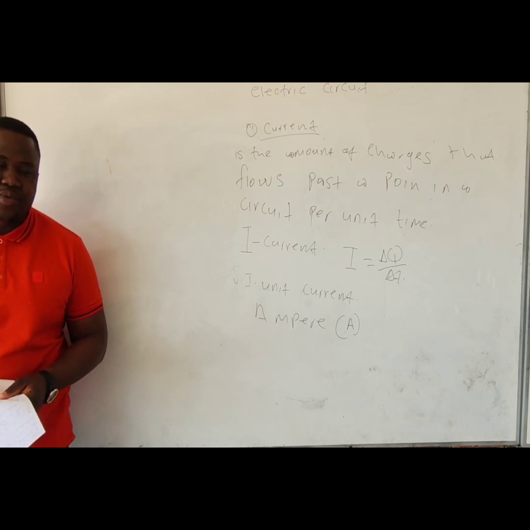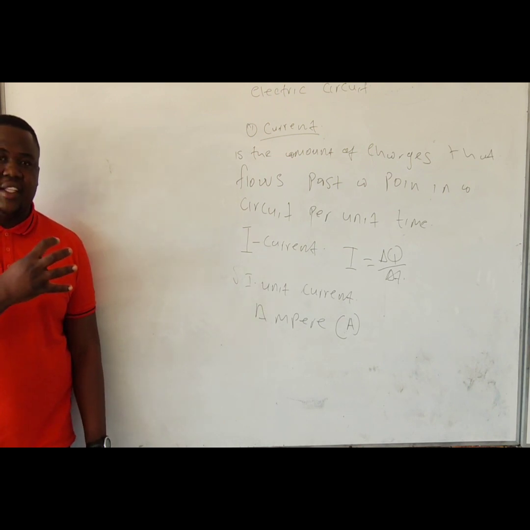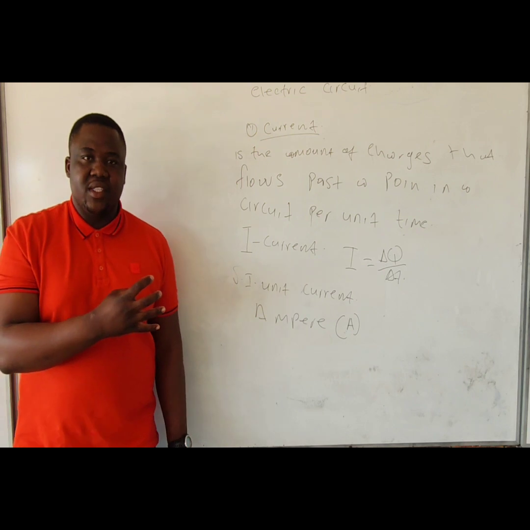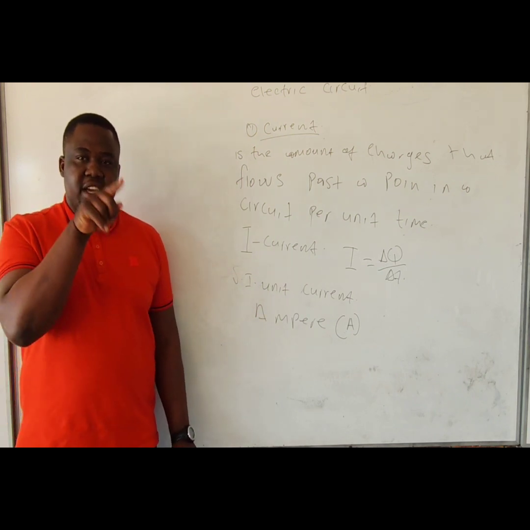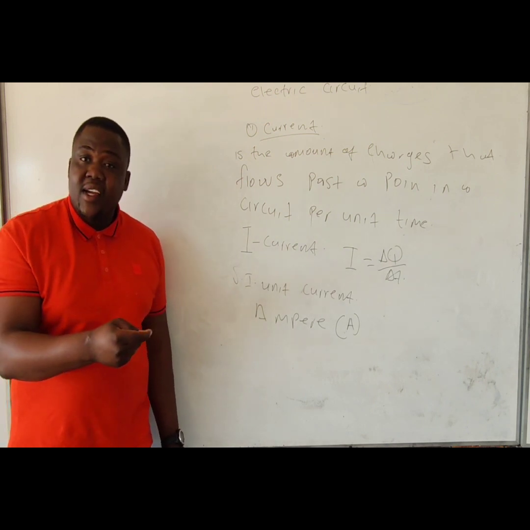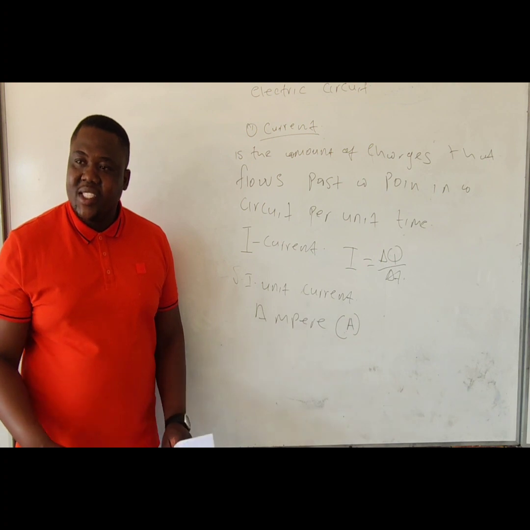Most of the time, when they give you a representation of an electric circuit, they will write A. That A will not be representing ampere; it will be representing an ammeter.